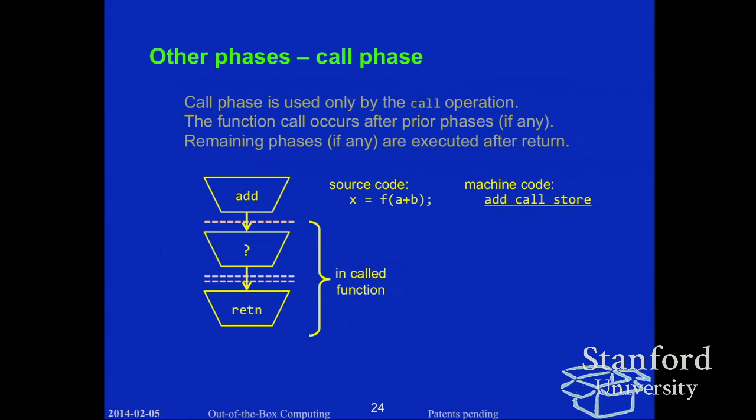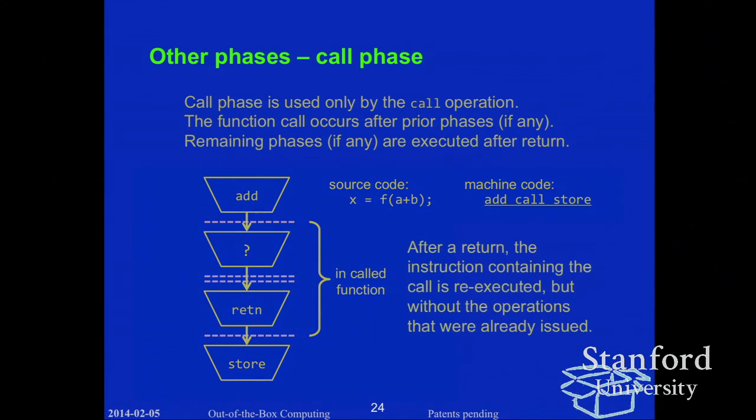The callee will execute some amount. The double pink line there means some unknown number of cycles, whatever that function does. And eventually it'll execute a return. It will then exit, crossing a cycle boundary, and we're back in the original one, directly able to store the result of the function call. It's re-executed, but without the operations that have already been done.